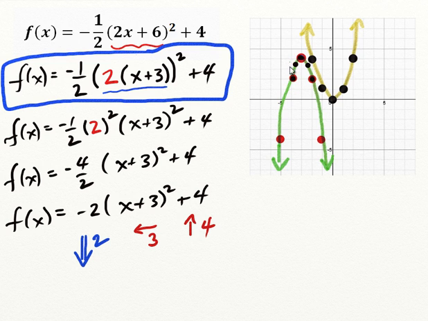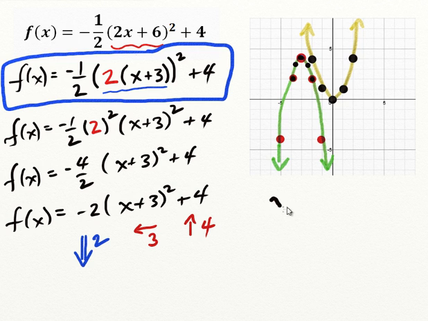So you can clearly see that even if I had performed the horizontal compression and the vertical compression separately, instead of factoring out that 2 and then combining it at the front, I would get the exact same shape, the exact same function. Okay? Well, what if you wanted to use a table of values?